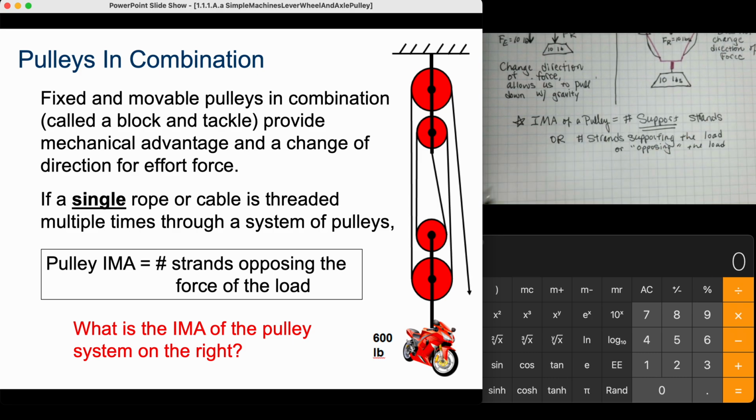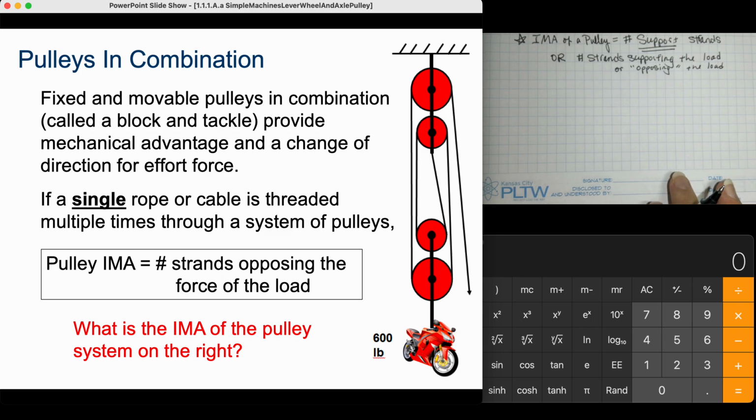All of those might be better ways of phrasing that. All right, so now we've got a real complex one. And let's see if we can actually figure out how many support strands there are. So how many strands are actually being used to support the load here?